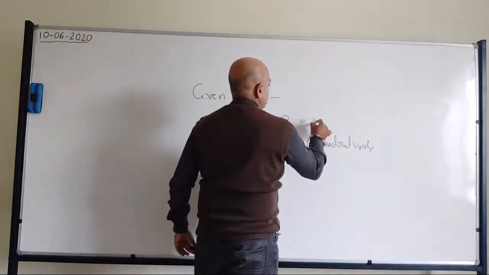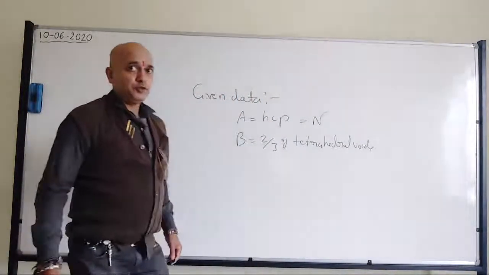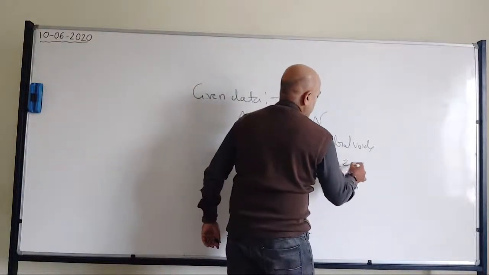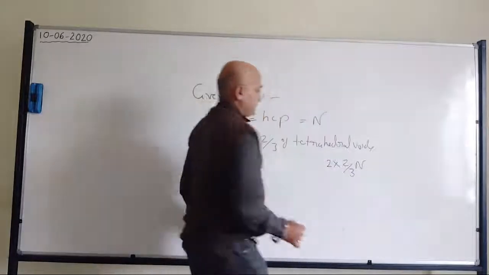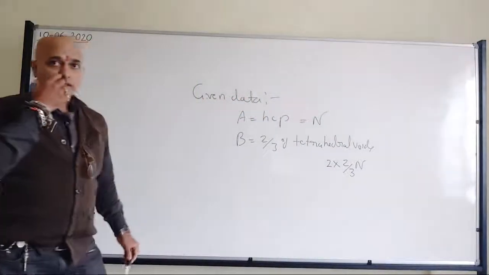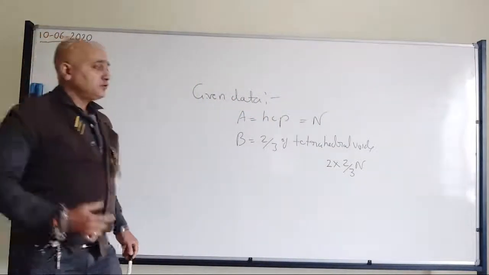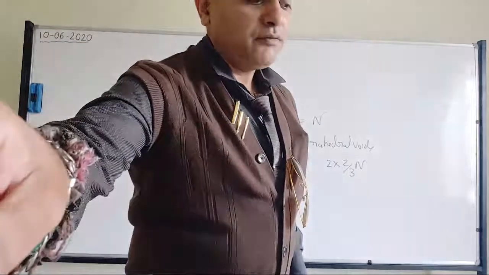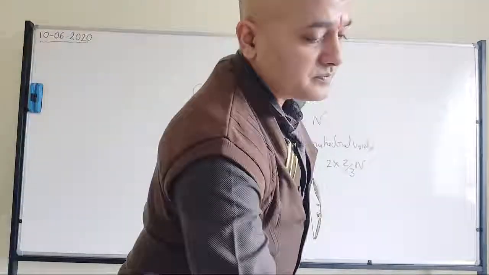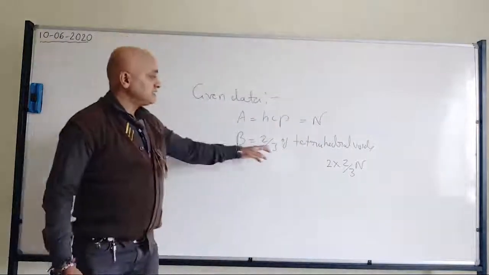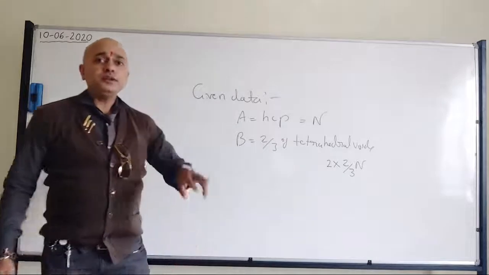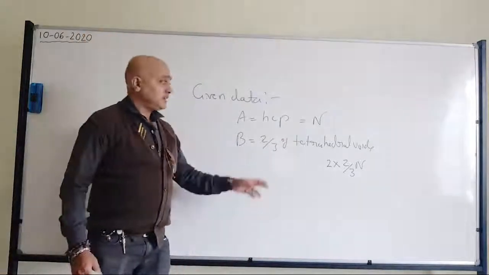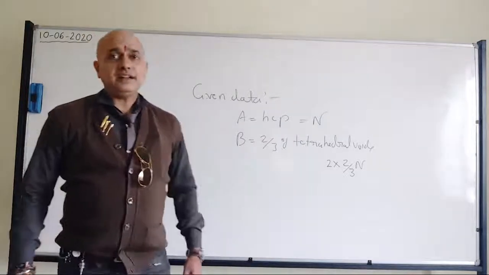If I assume the total number as capital N, then the number of tetrahedral voids will be 2 into N, so A will be 2 into 2/3 of capital N. Now you can identify what the answer should be. Why 2 into? Because tetrahedral voids will be 2N, so 2/3 of the tetrahedral voids.